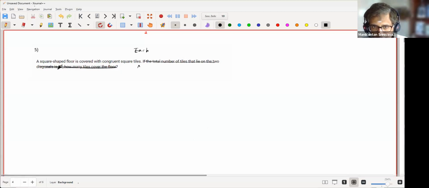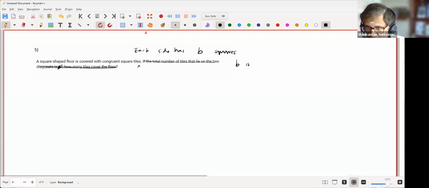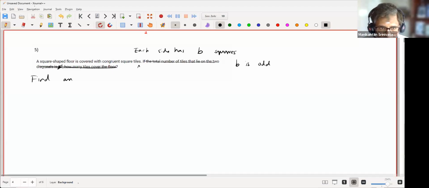Each side has B squares. So in our example, B was 19, right? And B is odd. B is given to be odd.